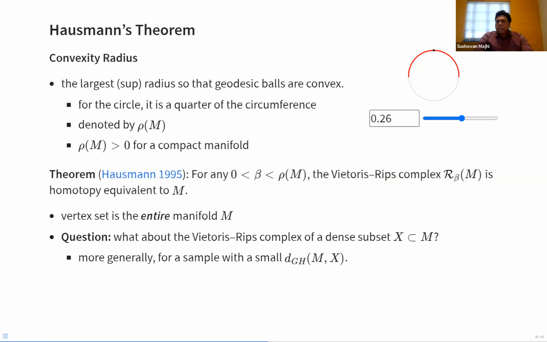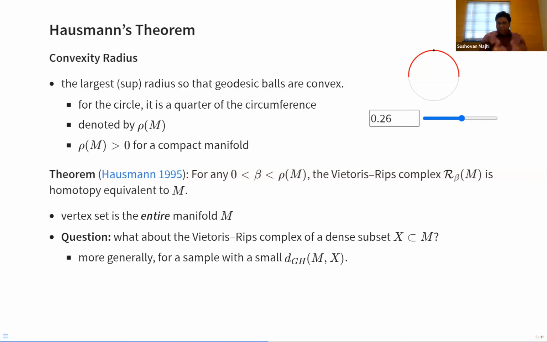More generally, can we also ask what happens if we have an abstract sample, not necessarily a subset of M, but a general metric space with a very small Gromov-Hausdorff distance, which we'll define shortly? In a way, they are metrically very close. So that's a way of saying that you have a dense sample of M.